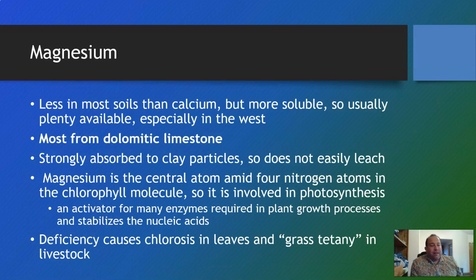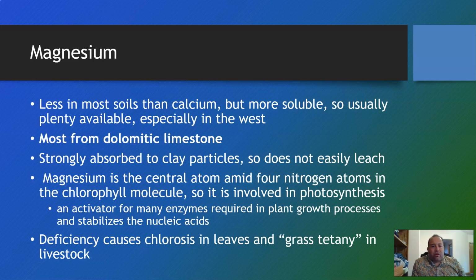With magnesium, the second of our secondary nutrients, there's less magnesium in soils than calcium, but magnesium is more soluble. Remember, if we put it into a solution, if we get the soil wet, are we able to actually get the minerals to exchange out of them?